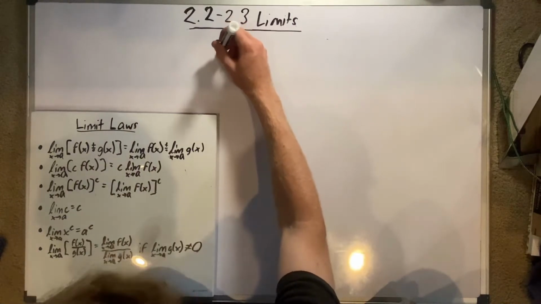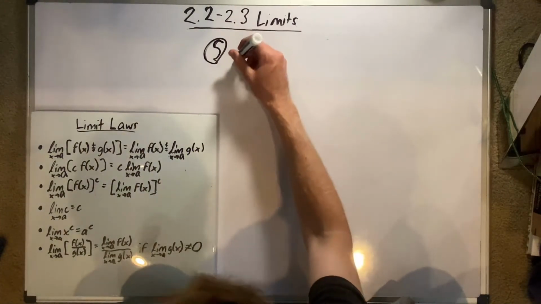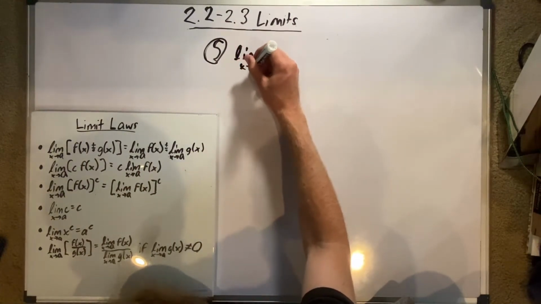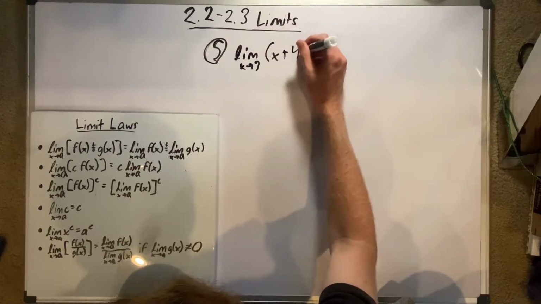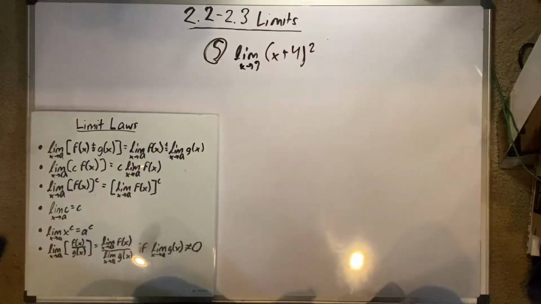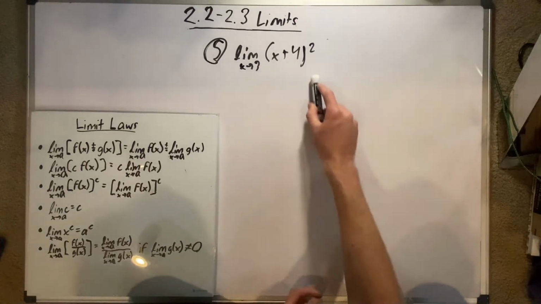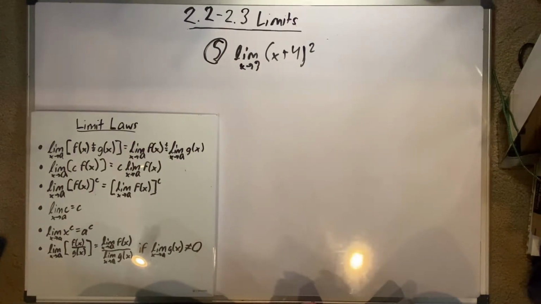Now let's go to number 5. This one and then one more. X approaches 3. This one's actually really easy. X plus 4 squared. Okay. Now, you may be very tempted immediately to try to put out this 2 there, because you're so used to trying to simplify things down, move things around to try to solve.